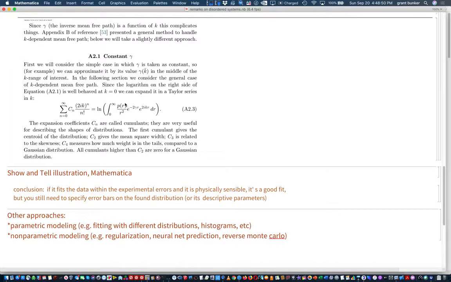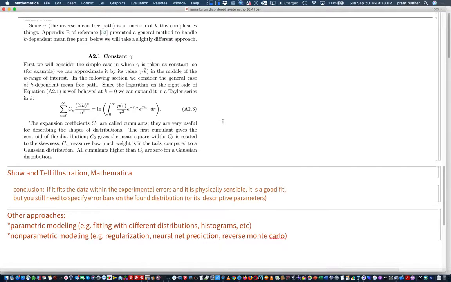And the business end is in this guy, and we can expand this in this cumulant expansion. If you do that, what you end up with is all the even powers, at least in the case where we ignore the k dependence of the mean free path, showing up in the amplitude and odd powers showing up in the phase.